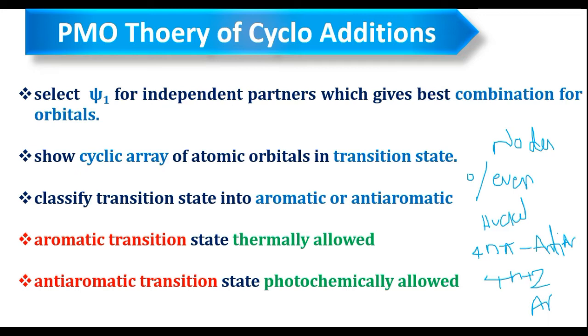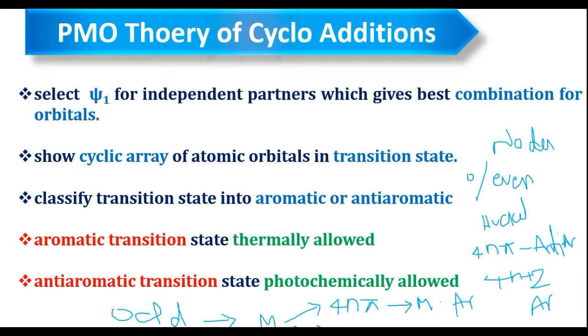Similarly, if the number of nodes is odd, then this system is called the Mobius system. For a Mobius system, if the reaction is a 4n pi cycloaddition, the transition state is a Mobius aromatic transition state.